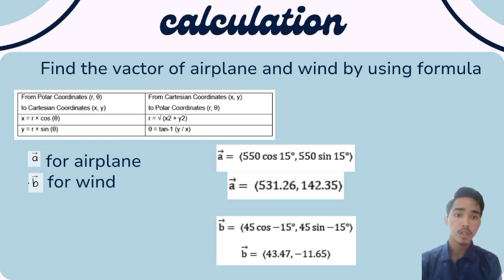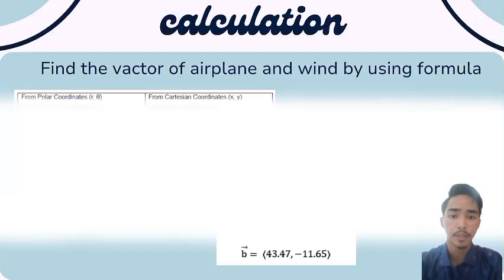So we use the formula as I write A. We only substitute the magnitude and the direction into the formula, and we get the vector of the aeroplane and the vector of the wind blowing to the aeroplane.